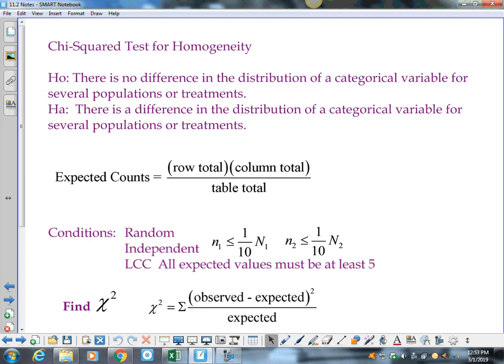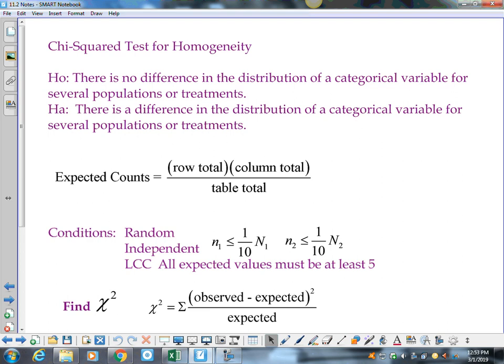Okay, so I want to know, I think 20% of men favor pepperoni pizza and 60% of women favor pepperoni pizza.